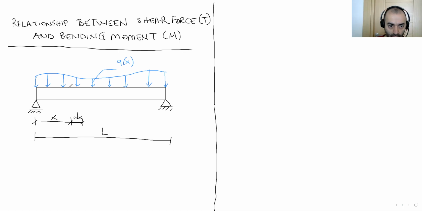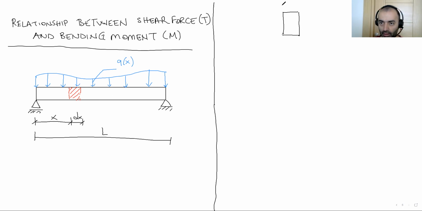I'm going to take out this portion. Let's draw it here. This is the side view. You can see we have a side view of the beam. I take out this red portion here. Again, this is the side view of the beam.